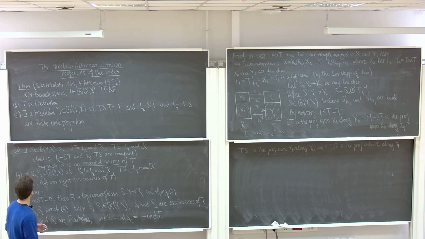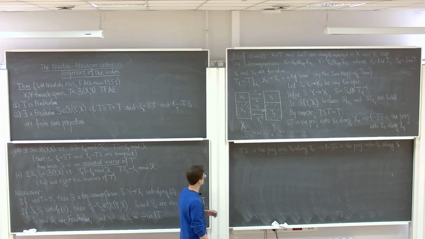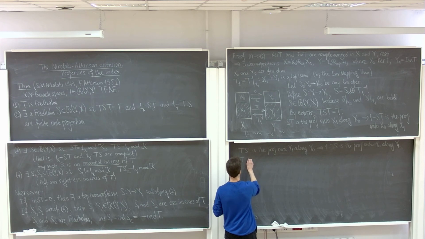And to complete the proof of the implication 1 implies 2, we have to show that S is Fredholm. Well, to see that S is Fredholm, we observe that by assumption T is Fredholm. And we have just proved that ST is Fredholm.